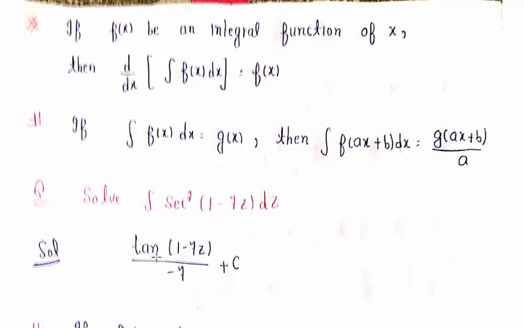So our answer is tan(1 minus 7z) over minus 7 plus c. Firstly, we apply the standard formula, then keep the angle as it is, and in the denominator put the coefficient of the variable, and here our variable is z.